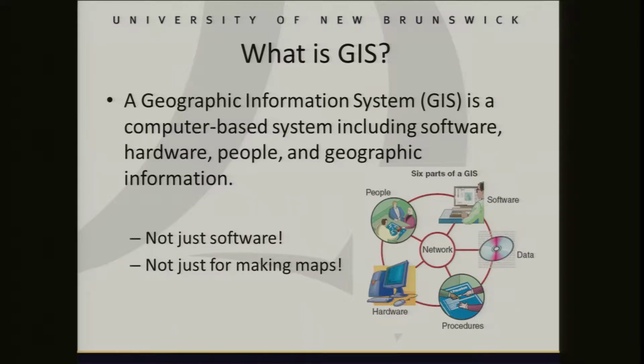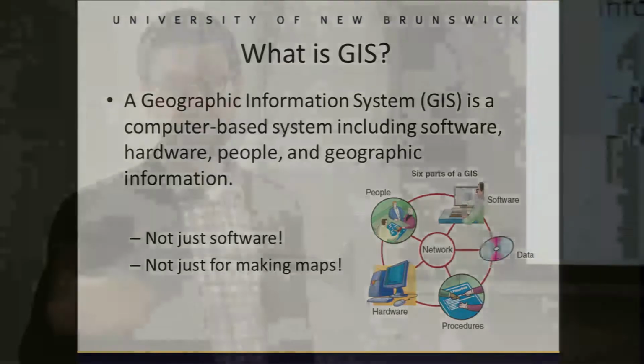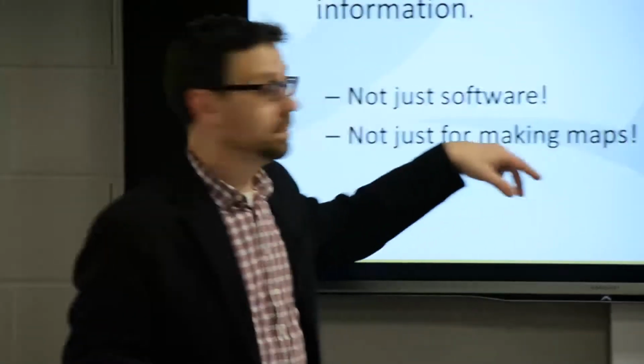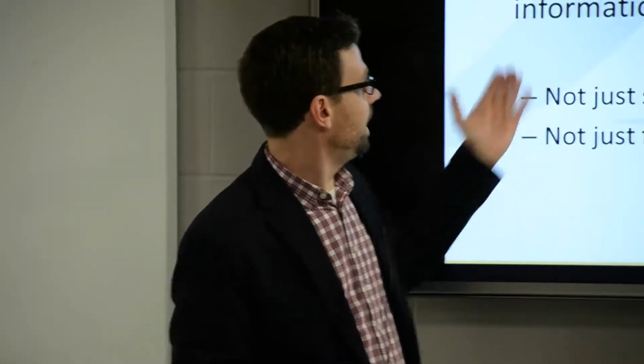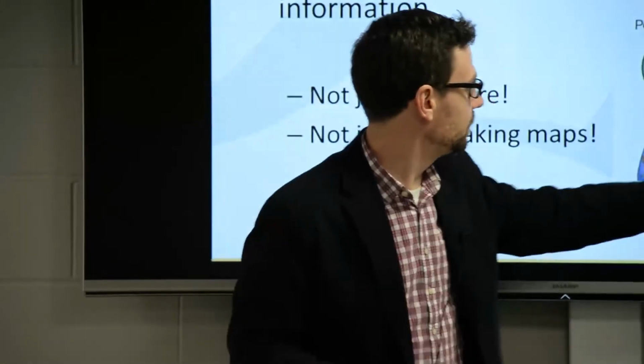It includes the hardware used to store it. Sometimes for web mapping, this can include a web mapping server. The software could include your Google Chrome or, heaven forbid, Internet Explorer browser. The people using it, and the people constructing the data, and then the geographic information themselves.